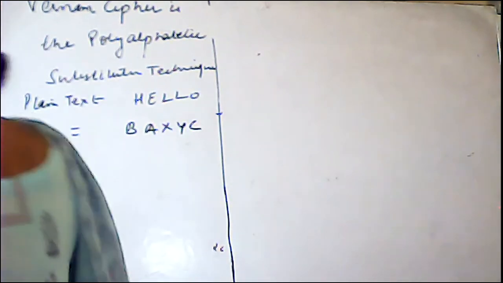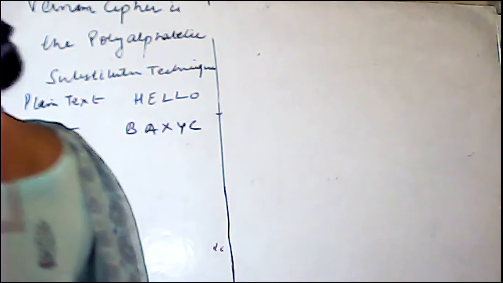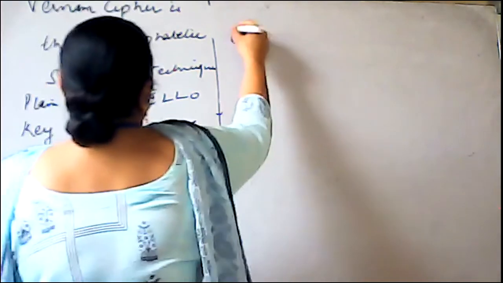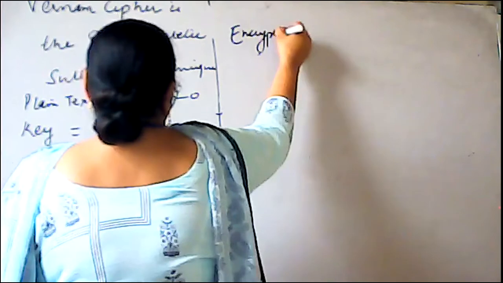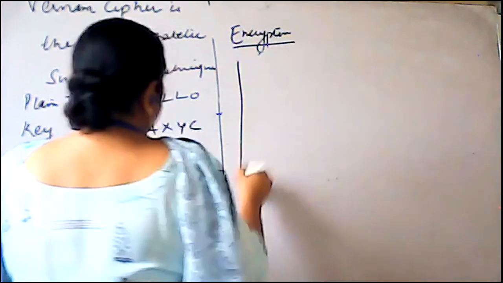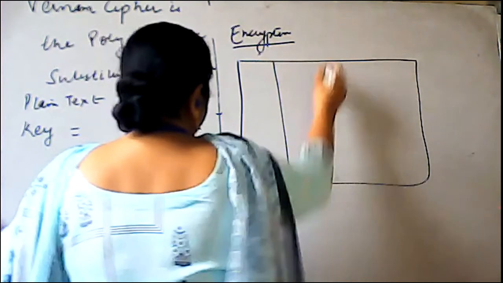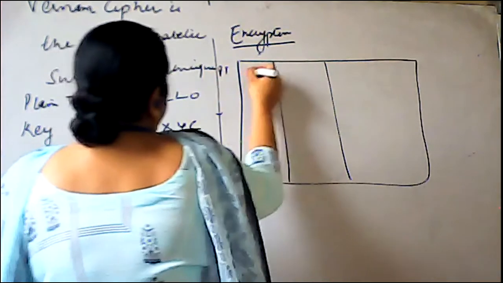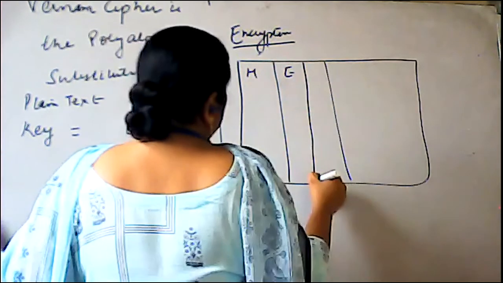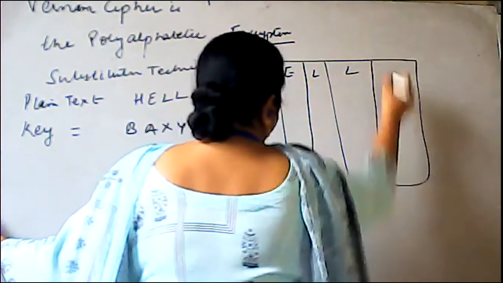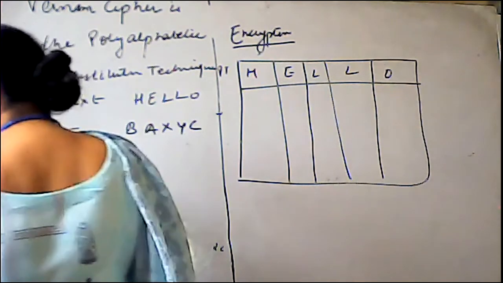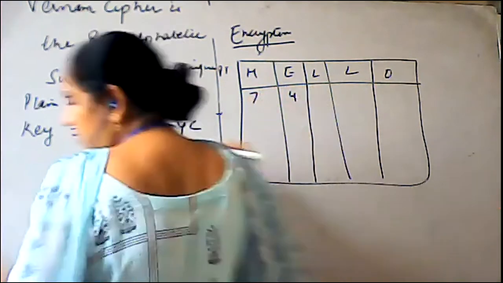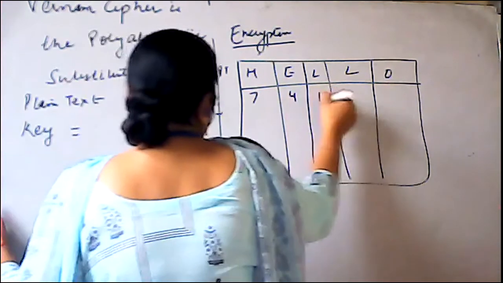Okay. So first of all, this is the encryption part. First write the plain text, HELLO. So the corresponding values in the alphabet table will be 7, 4, 11, 11, 14.